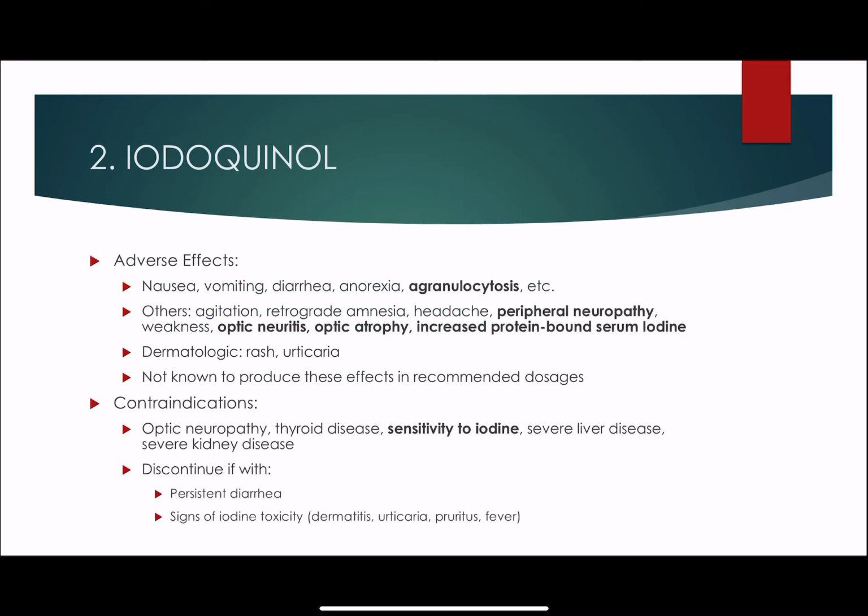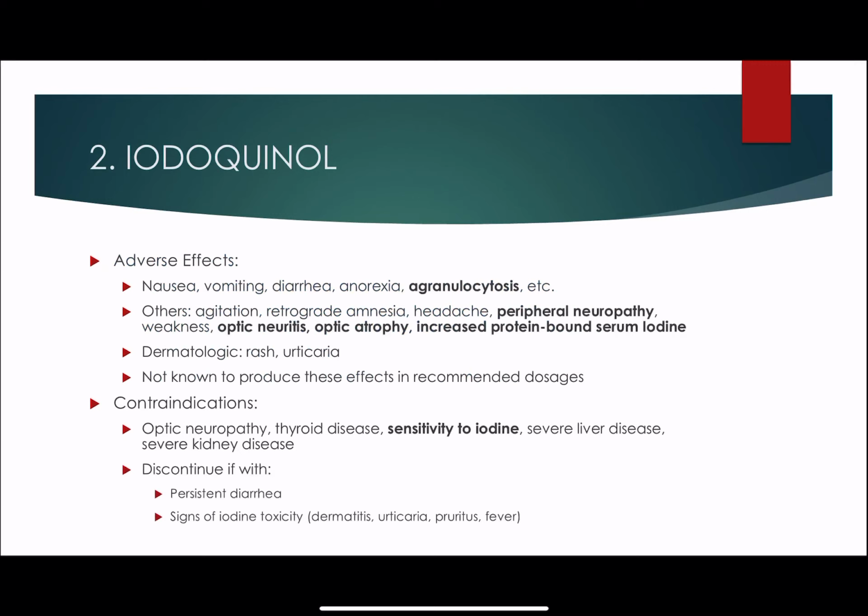Okay? It can also cause agranulocytosis. So compared to diloxanide furoate, iodoquinol is actually more toxic. It can also cause optic neuritis, optic atrophy, increased protein-bound serum iodine, peripheral neuropathy.